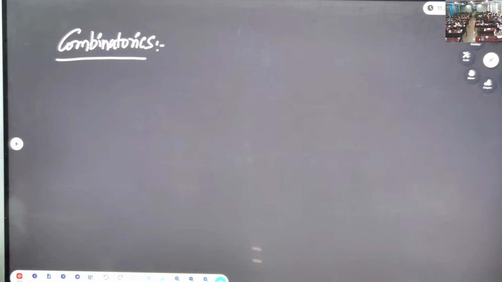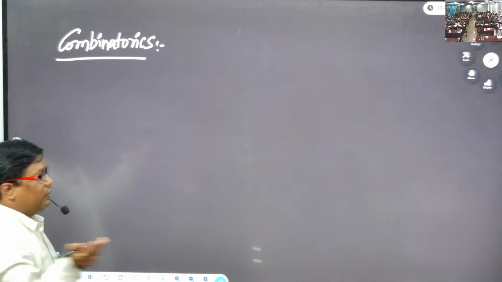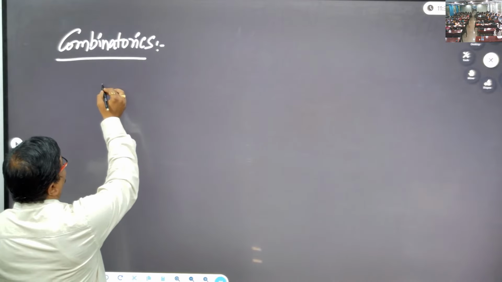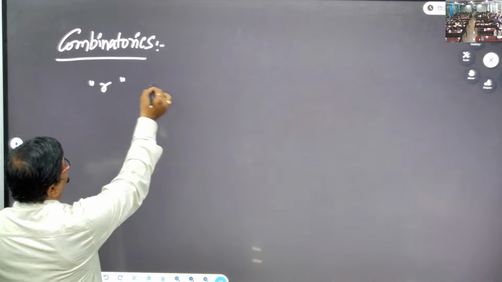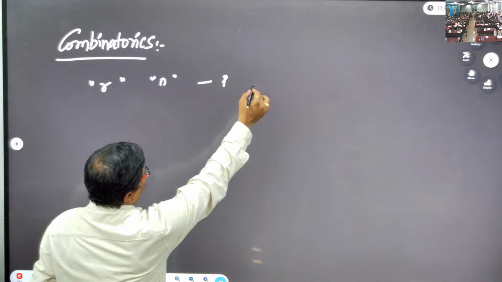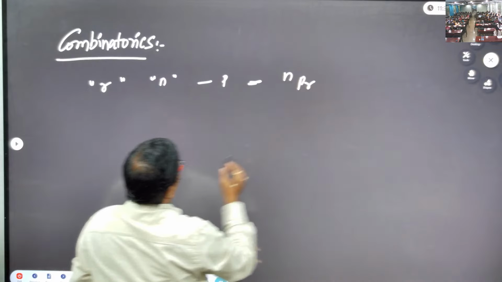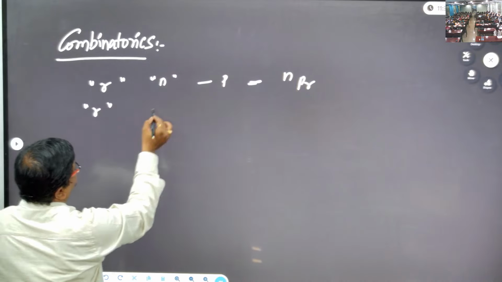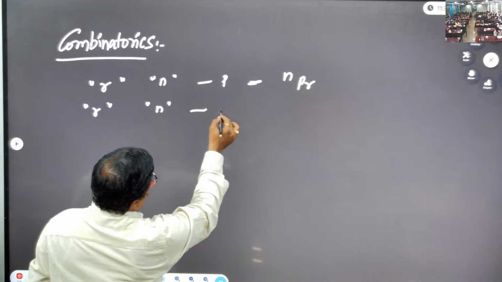In combinations, if you want to pick r objects from n objects, what is the value? Previously, r objects from n objects in permutations we gave as nPr. Now it is the same r objects of n objects in combination.